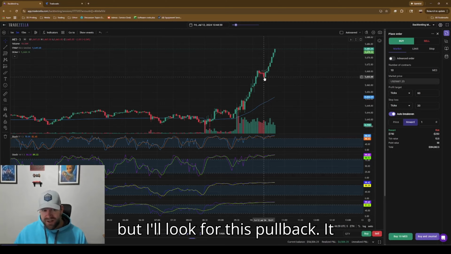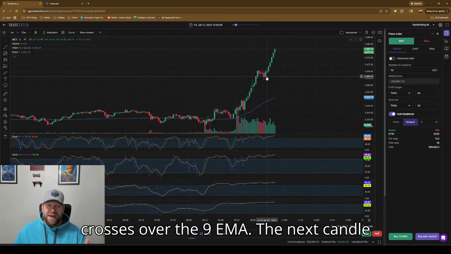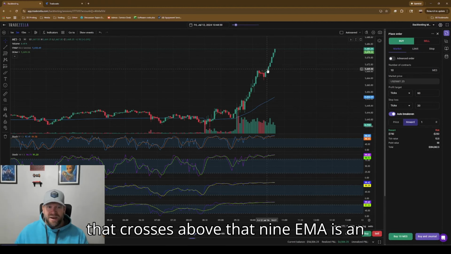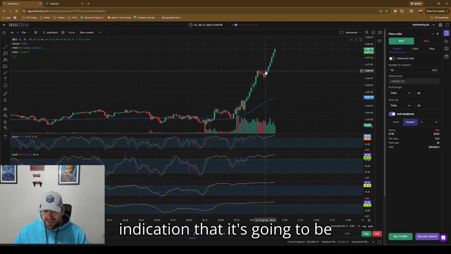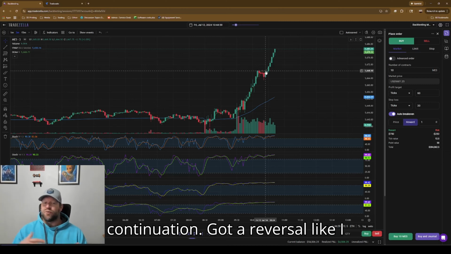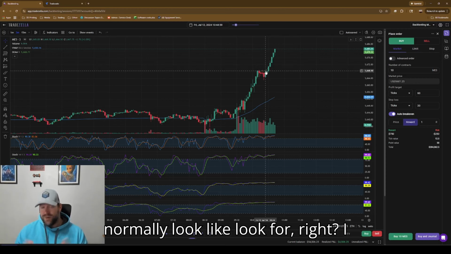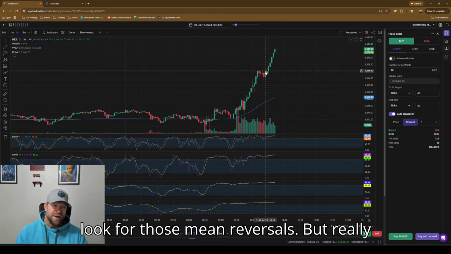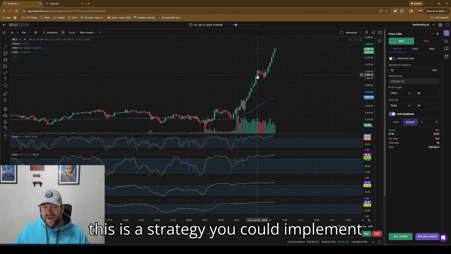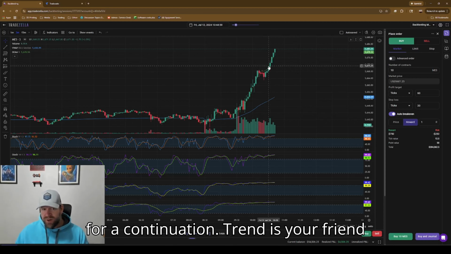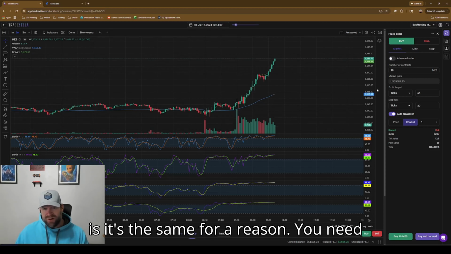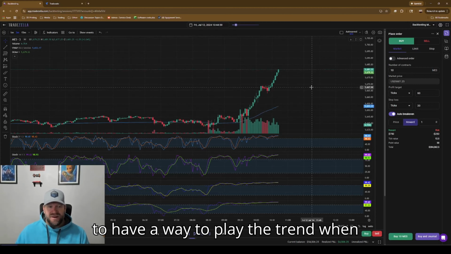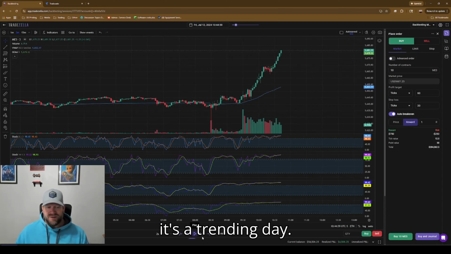It crosses over the 9 EMA. The next candle that crosses above that 9 EMA is an indication that it's going to be continuation, not a reversal like I normally look for, right? I look for those mean reversals, but really this is a strategy you could implement for a continuation. Trend is your friend is a saying for a reason. You need to have a way to play the trend when it's a trending day.